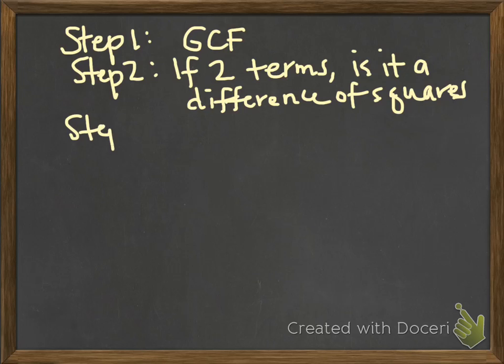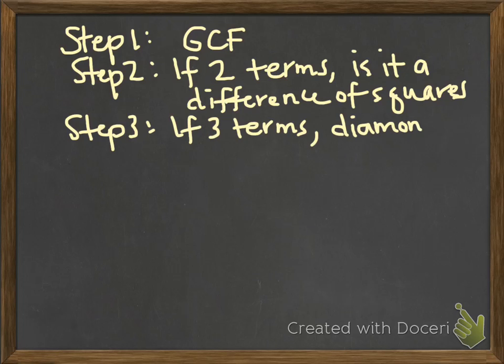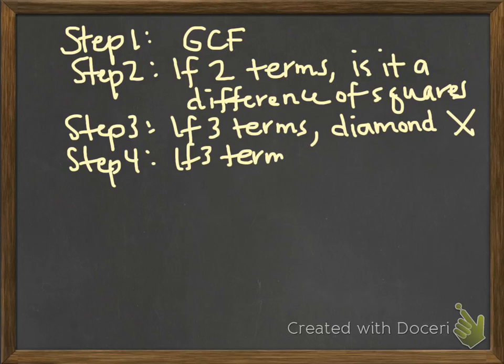Okay, step 3, if it's three terms, we do a diamond. Step 4, if it's three terms with a number in front of the x squared, so we'll call that ax squared, you're going to have to do a diamond and a box.